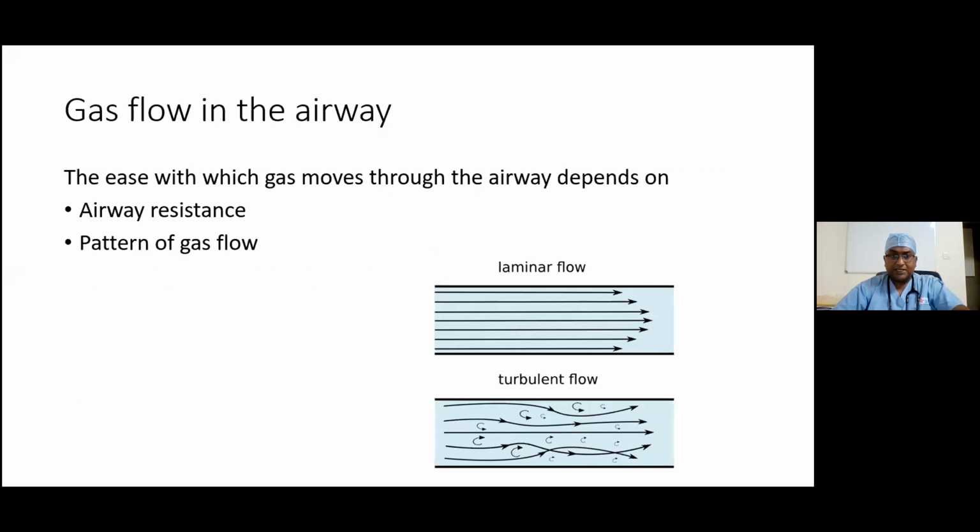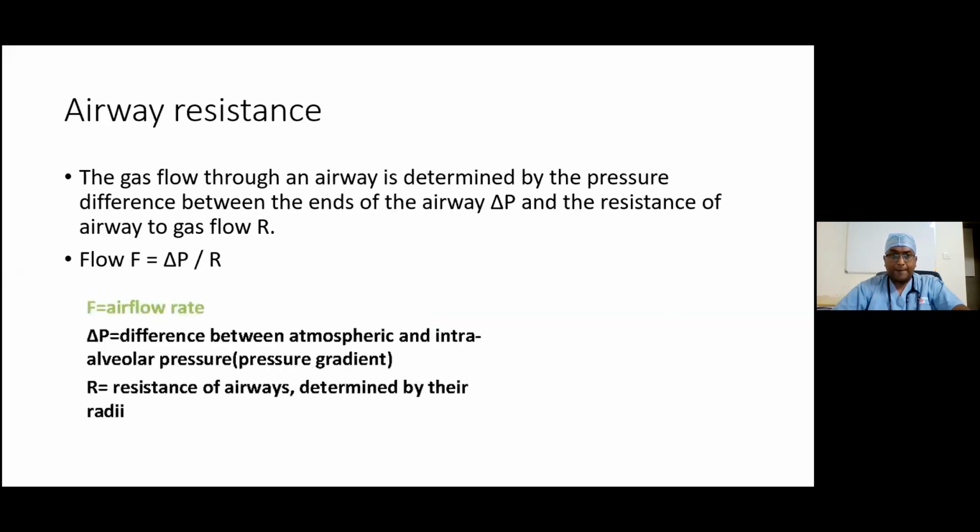Now, discussing the basic concepts, we'll come to gas flow in airway. Gas flow, the ease with which a gas moves through the airway, depends on, one, airway resistance, and second, the pattern of gas flow.